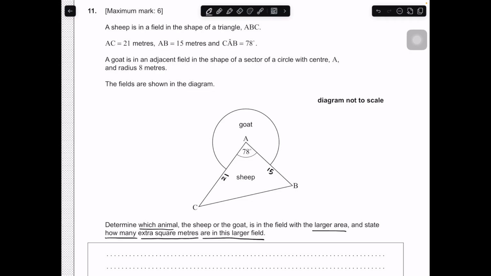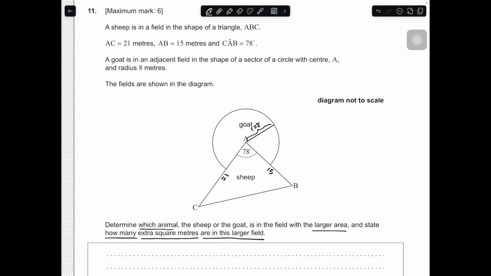And they also tell us that CAB is 78. That's there. And the radius is 8. Actually, I'm going to draw it somewhere else so it doesn't clutter this up. I hope that's not too confusing. Alright, so the radius is equal to 8. R is equal to 8.